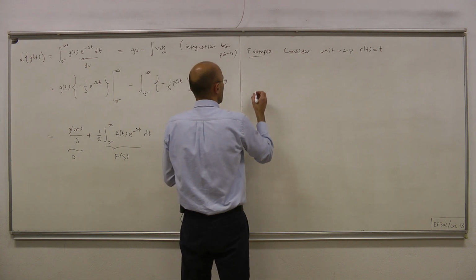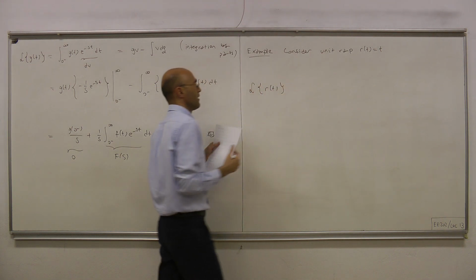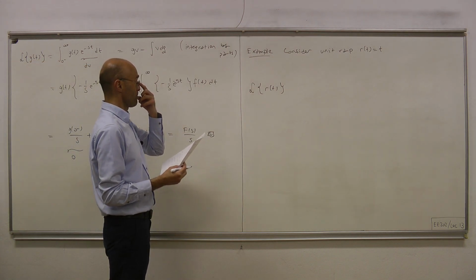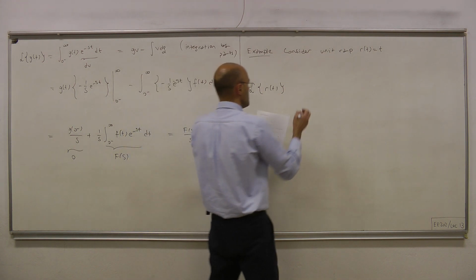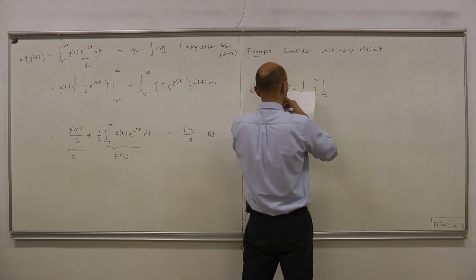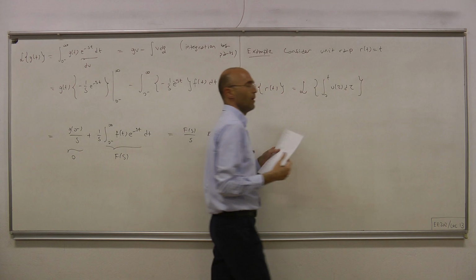Now, the Laplace transform of that constant slope, unity slope line passing through the origin is the Laplace transform of this integral, clearly: the integral of u(tau) d tau.